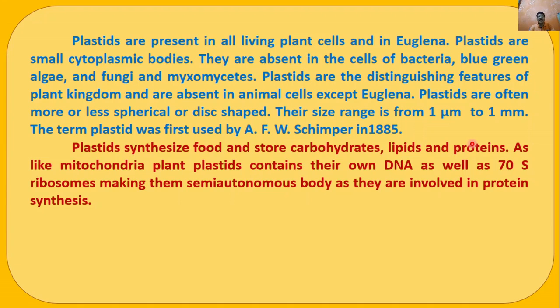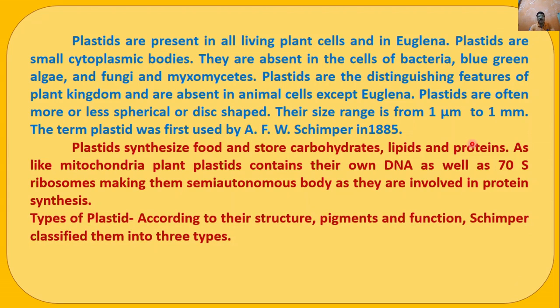Also, these plastids have the capacity for self-replication of DNA, and due to their own DNA and own ribosomes, they are actively involved in the process of protein synthesis, so they are known as semi-autonomous bodies.